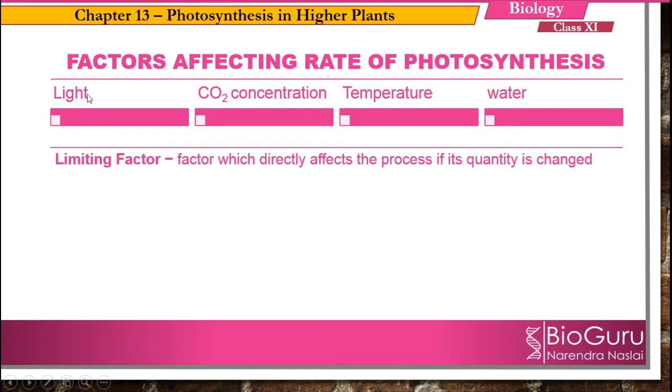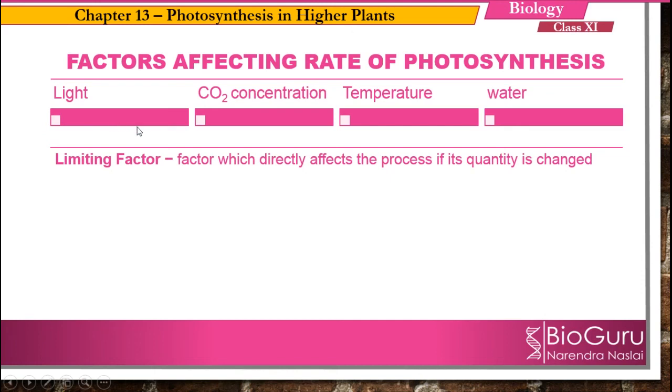If you are providing light, carbon dioxide, and temperature correctly but not water, then photosynthesis is going to be affected. If you are providing water, temperature, as well as carbon dioxide sufficiently, but you are not providing light, then photosynthesis is going to be affected.